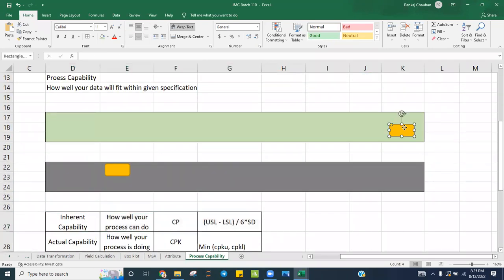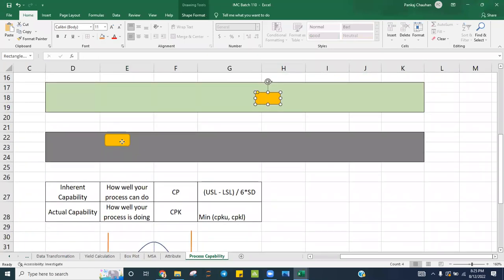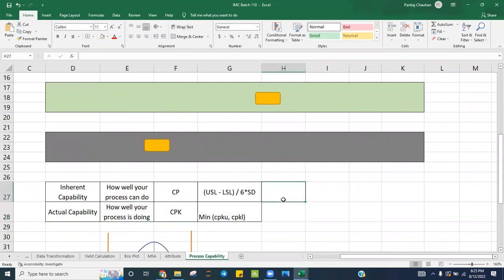The test says that you have to drive on a 3-meter road and you are driving on the 3-meter road and you are passing very well, which is the test road. But when you are going onto the actual road, on the highway, how well you are driving there, that is your actual capability, or the CPK.